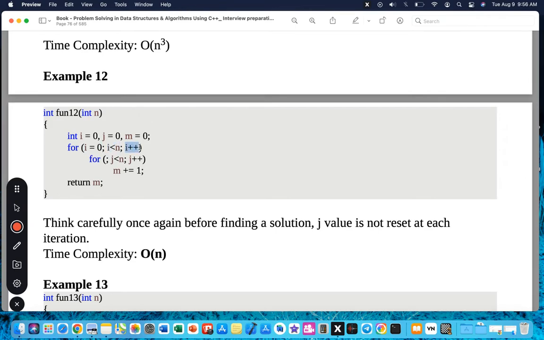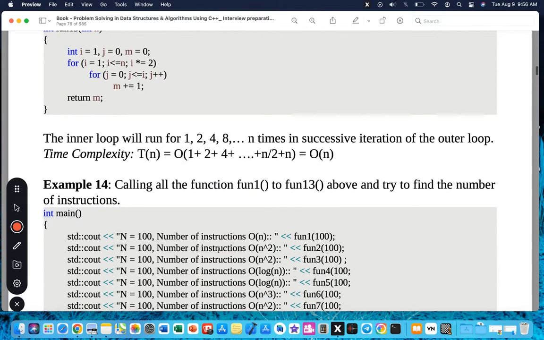This statement or group of statements gets executed after each iteration, right? So here we don't really have anything set before the first semicolon. So the j value is not reset at each iteration. This time complexity is O of n.